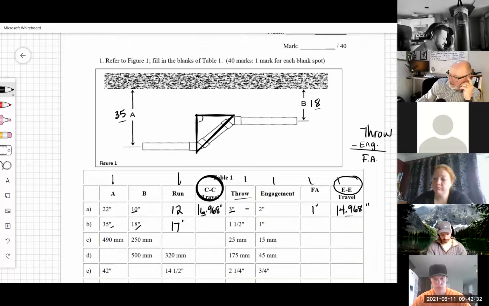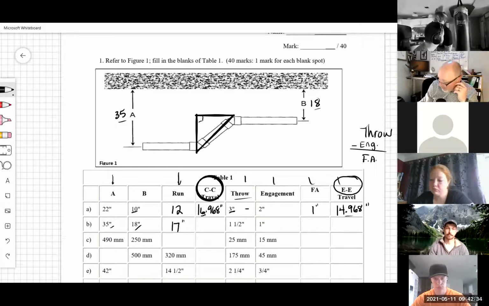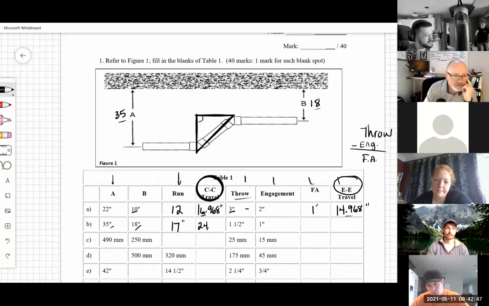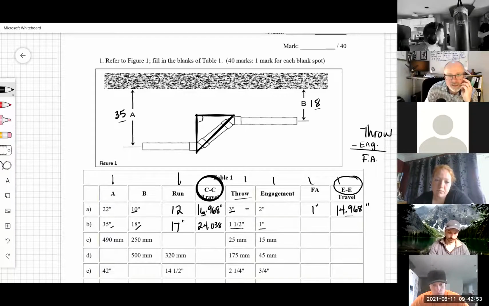Now we could calculate the travel times it by 1.414, and that equals 24.038. Here's my throw, here's my engagement, so my fitting allowance is a 1/2 inch.